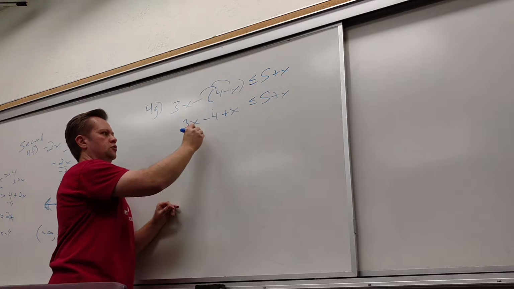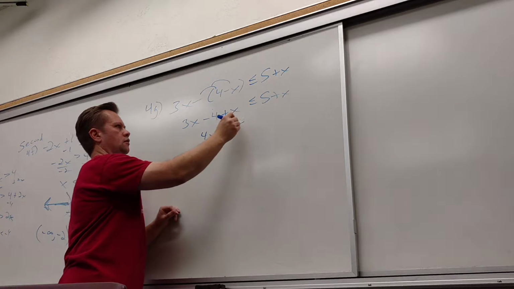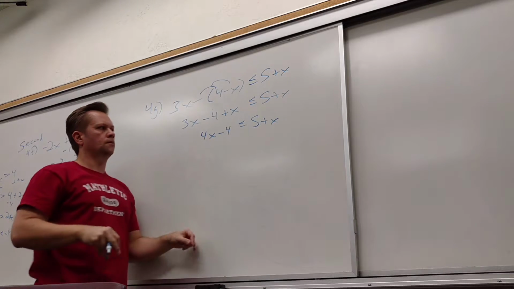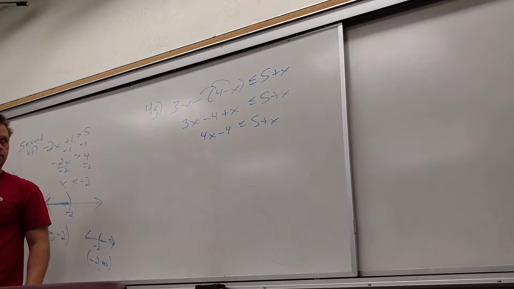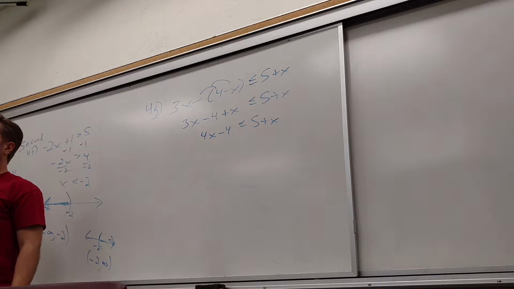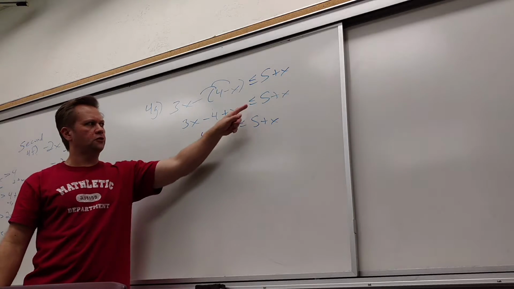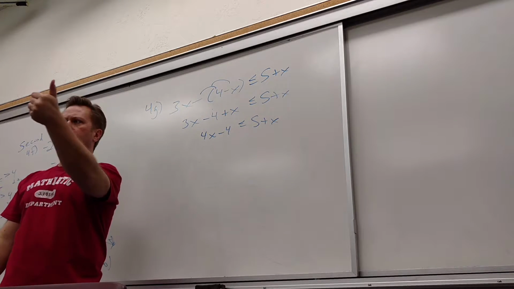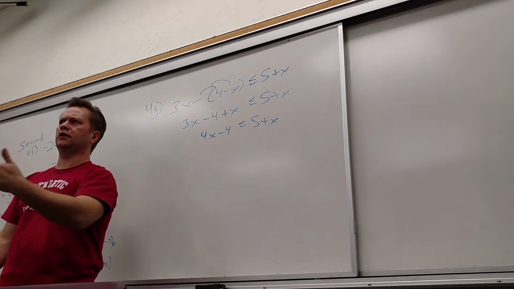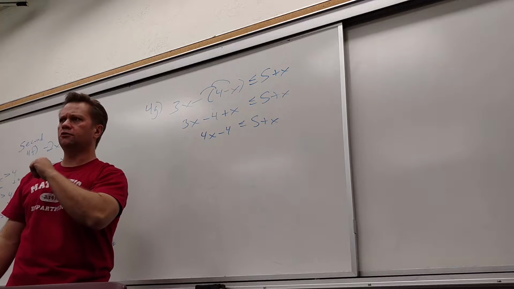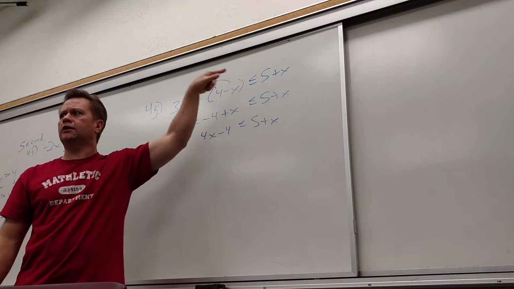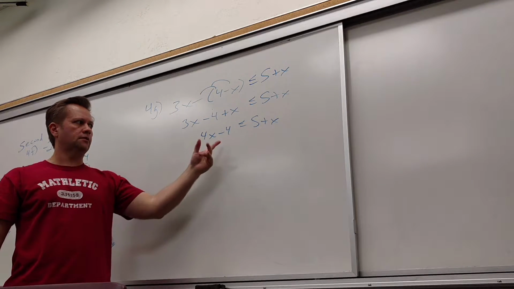Combine like terms. x plus x equals 4x minus 4. And don't put an equal sign and then bring it back in, because you'll forget that you have to turn it. Don't put equal signs in here. Use the sign you got. What's the next step?